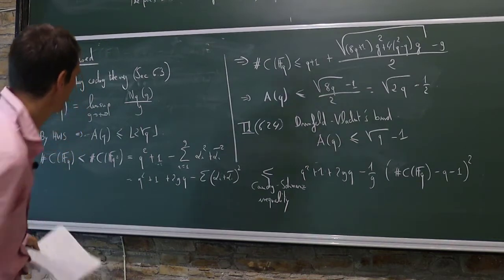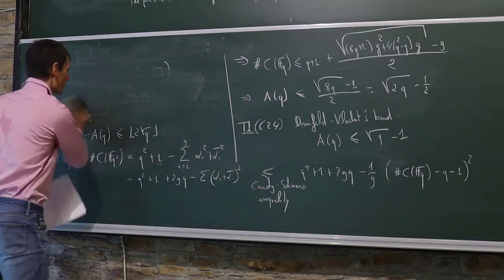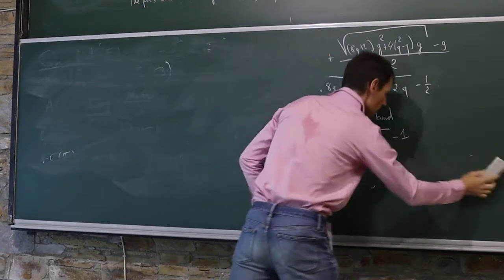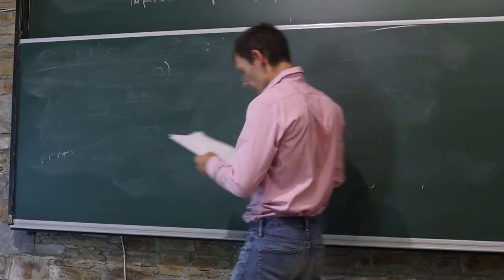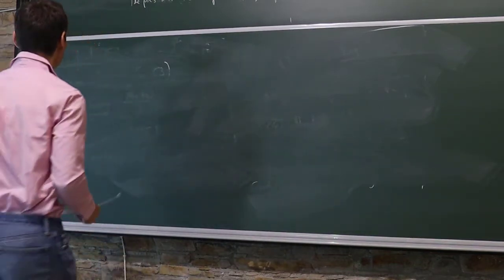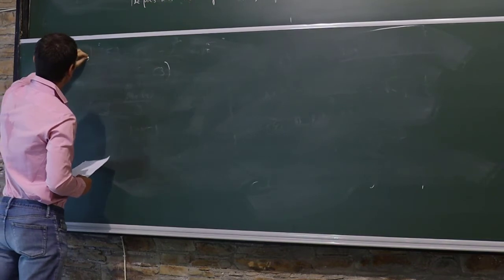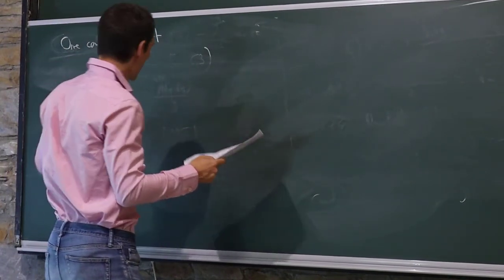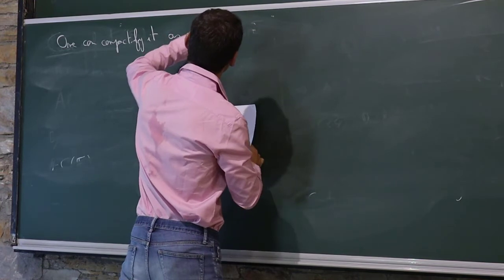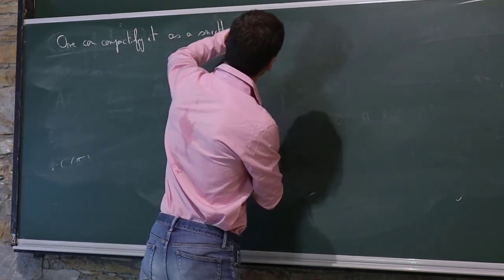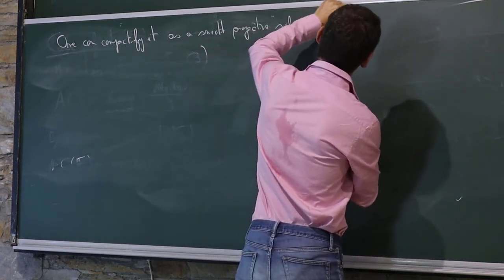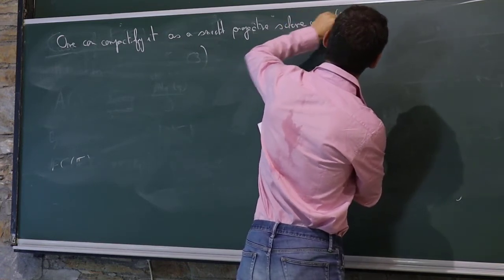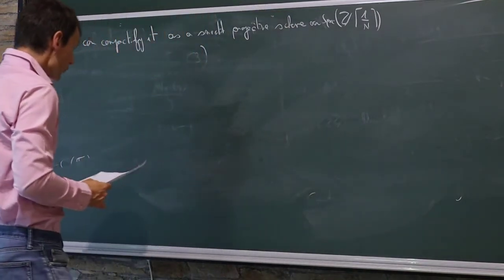Here one has to add a couple of points, and so one can compactify it as a smooth projective scheme, still over Spec Z[1/n]. And it has the following property.